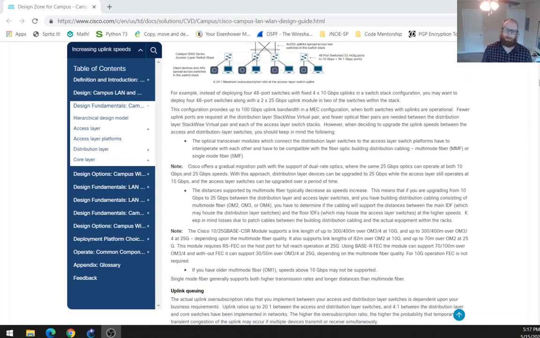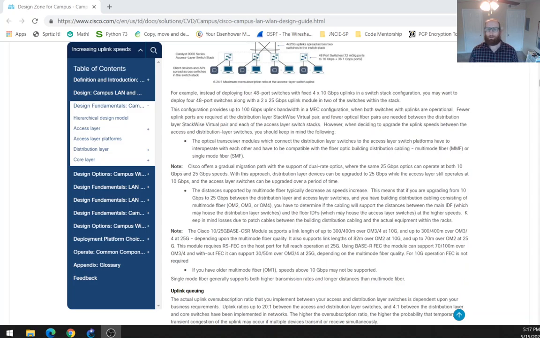For example, instead of deploying 4 48-port switches with a fixed 4x10 Gbps uplinks in a switch stack configuration, you may want to deploy 4 48-port switches along with a 2x25 Gbps uplink module in 2 of the switches within the stack.